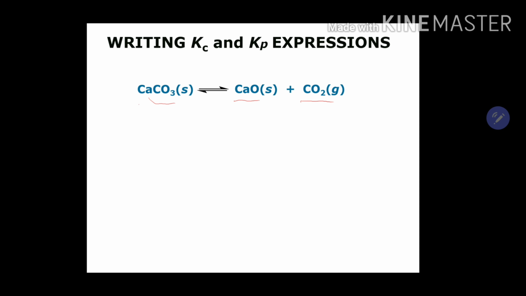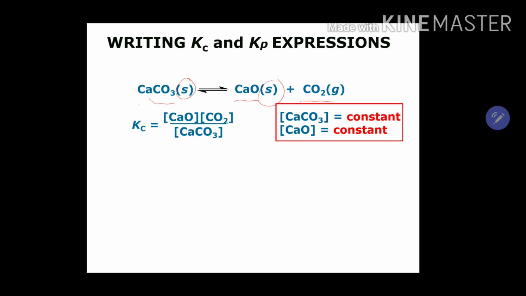If we were to write the usual equilibrium equation for the reaction, including all the reactants and products, we would have Kc equal to the concentration of CaO and concentration of CO2 divided by the concentration of CaCO3. But because both CaO and CaCO3 are pure solids, their molar concentrations are constant.